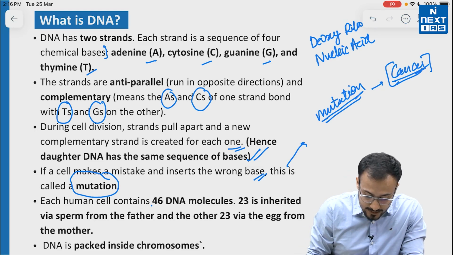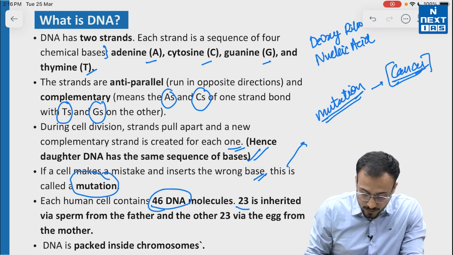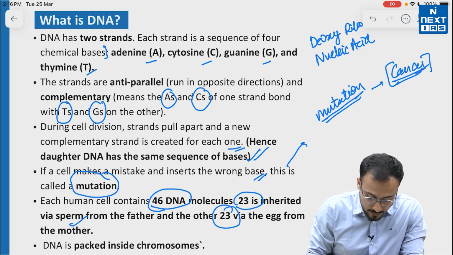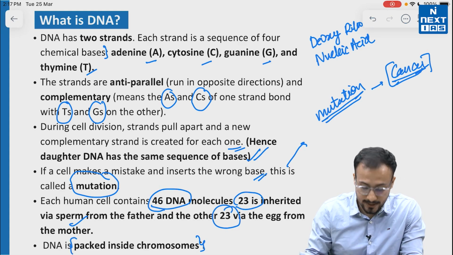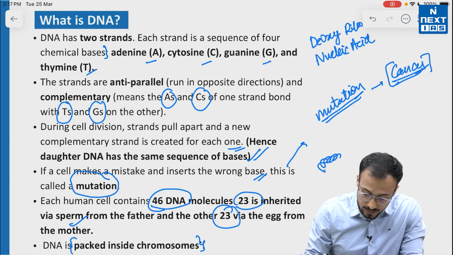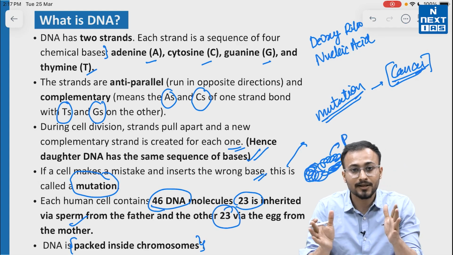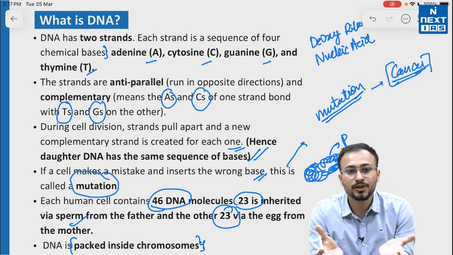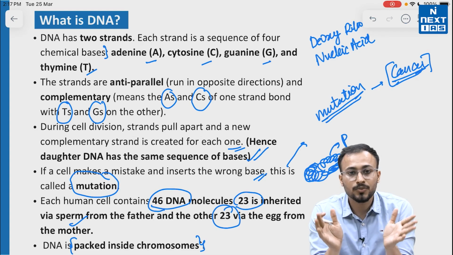Each human cell consists of 46 DNA molecules, 23 inherited via sperm from the father and 23 via egg from the mother. DNA is packed inside the chromosome. There is also a diagram in the NCERT showing how the DNA is layered inside a chromosome, and what is the protein which helps in layering and compressing of the DNA? Let us know in the comment box below, because it is an important question.